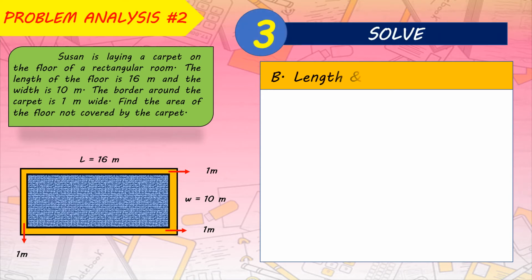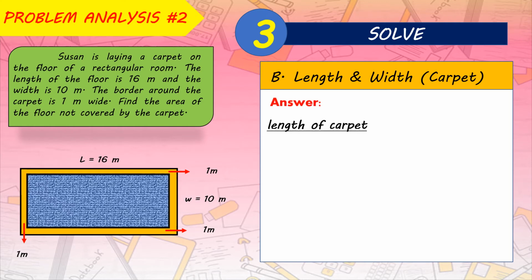Now we are going to solve for the length and the width of the carpet. First, we are going to get the length. We have 16 meters, which is the length of the floor, minus the 1 meter border from the left side, minus the 1 meter border from the right side. So we will have, very good, 14 meters.